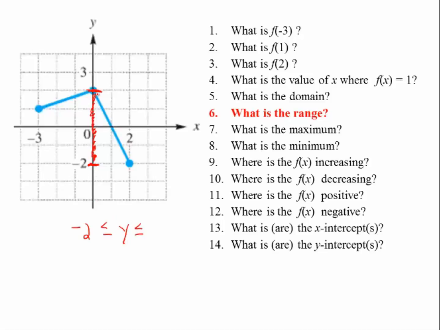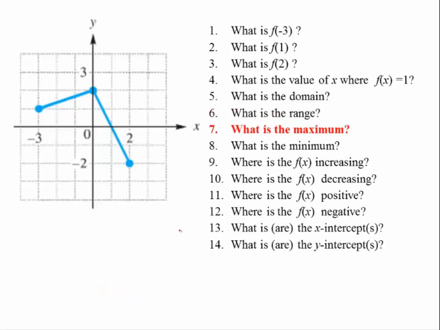And the maximum is positive 2. The range is from negative 2 to positive 2. We could also write f of x as opposed to saying y, and in set notation, bracket negative 2 comma positive 2 bracket.